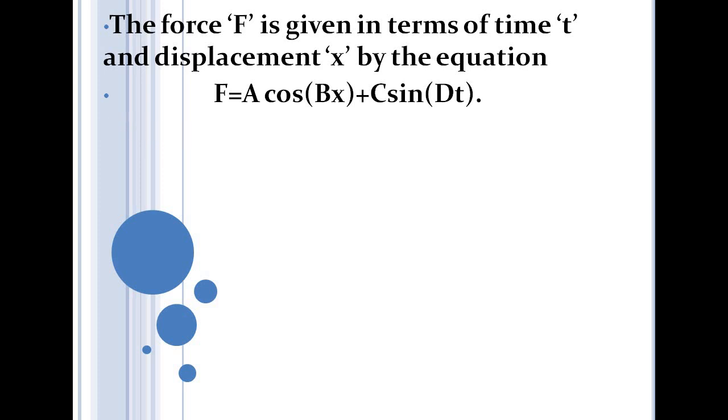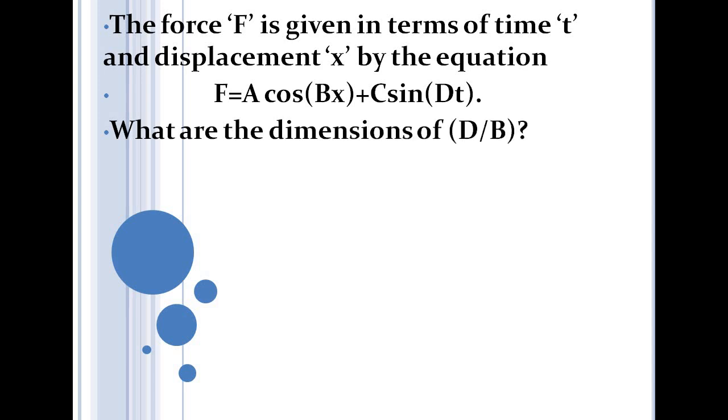One more problem. The force F is given in terms of the time t and displacement x by the equation F equals a cos bx plus c sin dt. F is the force, x is the displacement, and t is time, and a, b, c, d are unknown quantities.